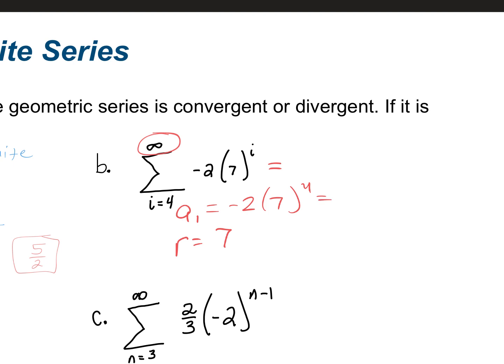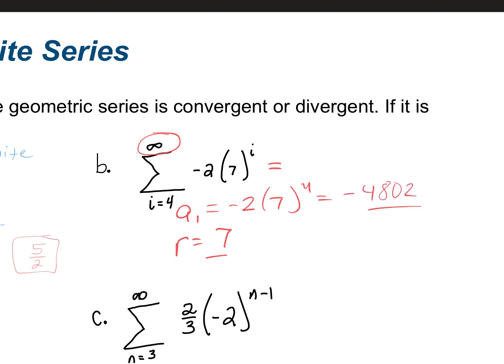7 to the 4th power first, then times by negative 2. 7 to the 4th power? Yeah, do that first. And then times by negative 2. 4802.